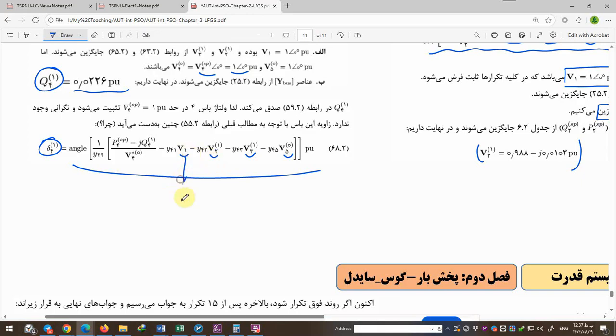v1 is fixed, 1 with 0. v2 in first iteration is calculated in last stage.